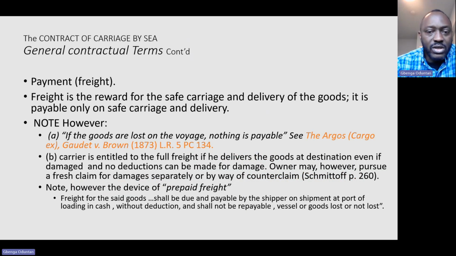If the goods are lost, then freight will not be paid. Freight is the remuneration of the ship owner for the service of sending the goods. Freight is only payable upon safe carriage and delivery. If the goods are lost, then the ship owner needs to compensate.